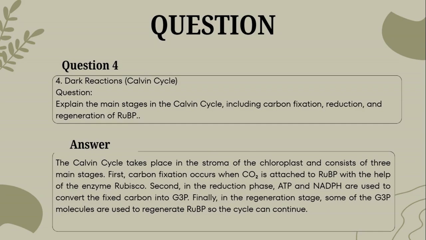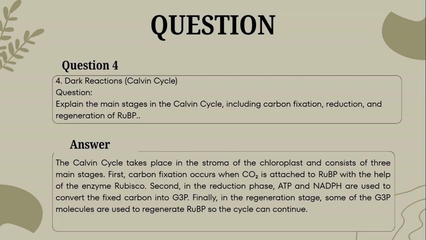Next question about dark reaction or Calvin cycle. Explain the main stage in the Calvin cycle, including carbon fixation, reduction, and regeneration of RuBP. The Calvin cycle takes place in the stroma of the chloroplast and consists of three main stages. First, carbon fixation occurs when CO2 is attached to RuBP with the help of the enzyme Rubisco.